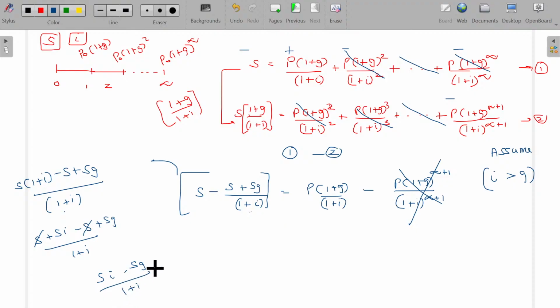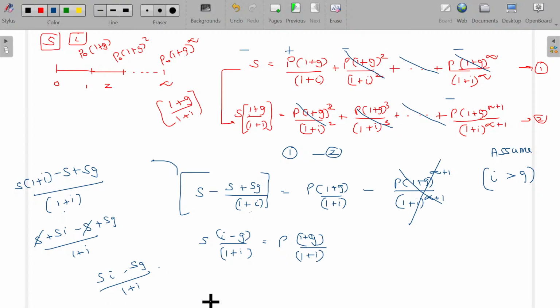Or you can take the S outside. If you take the S outside, then you end up with this divided by 1 plus I is equal to P into 1 plus G divided by 1 plus I.